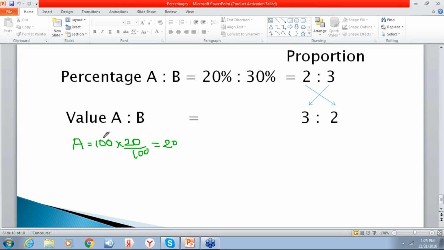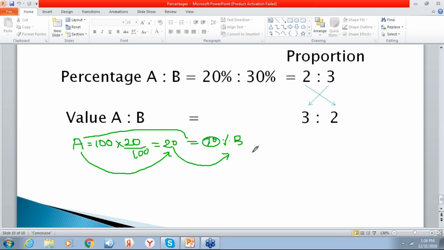Here 20% of A is equal to 10% of B. So as 20% of A is equal to 20, this is equal to 10% of B. So 10% of B is 20.